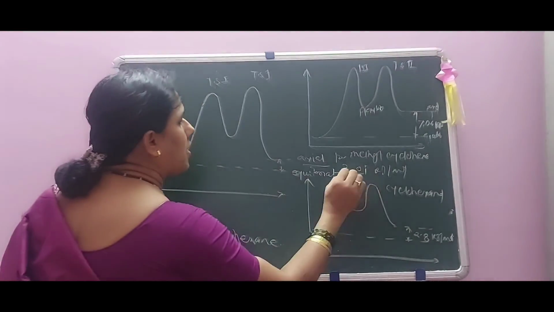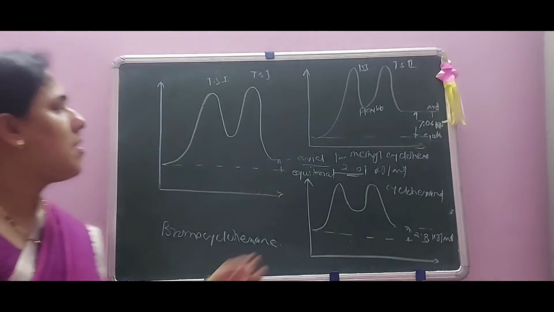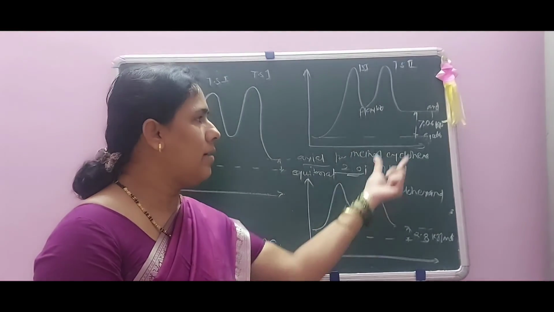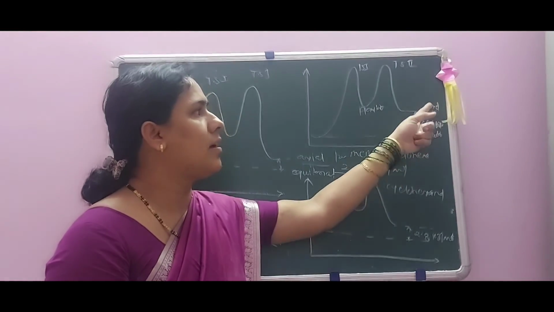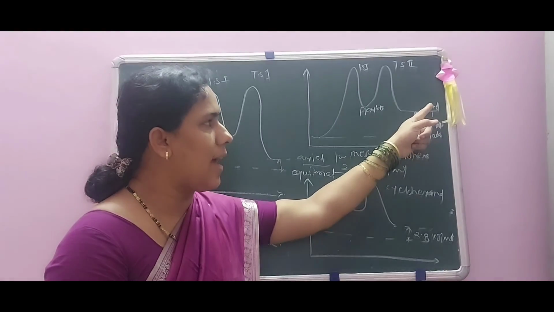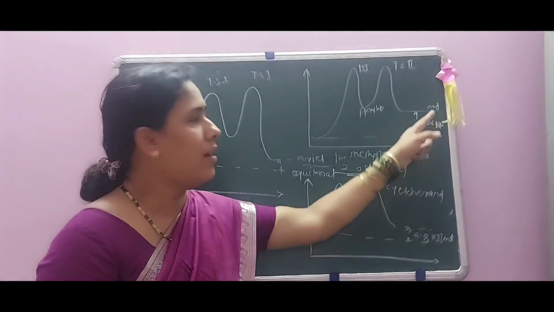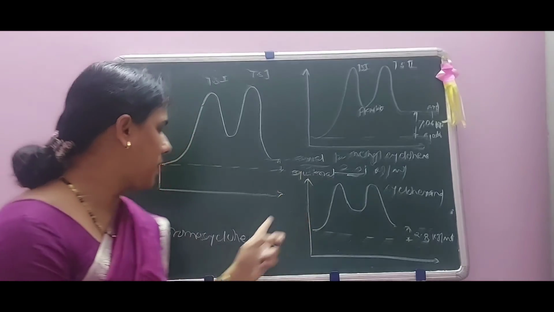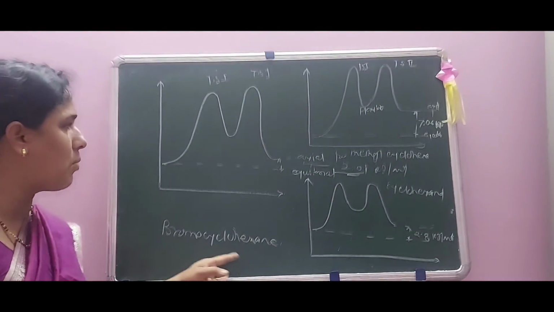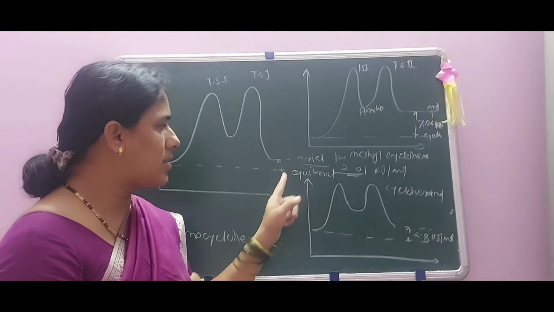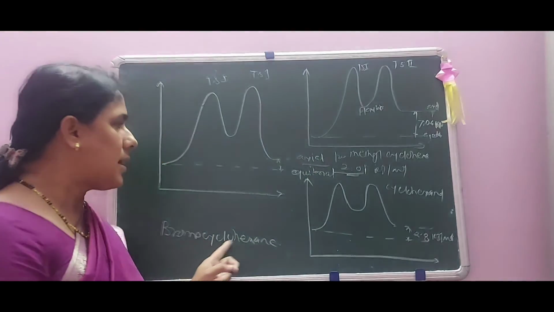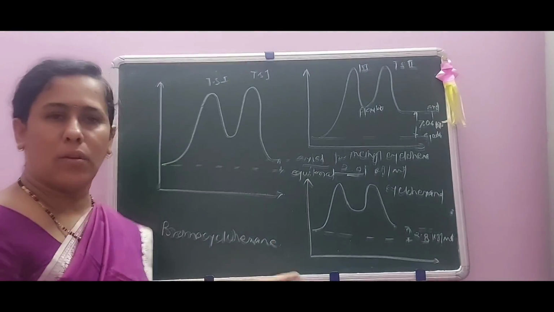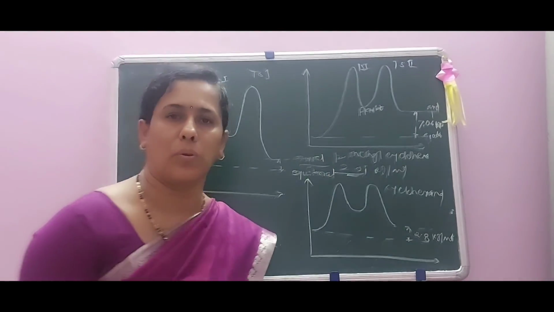That is 2.01. Thus, by simple mistake I have written chair and boat here, but they are the axial and equatorial forms of the respective cyclohexane. That is, axial bromocyclohexane, equatorial bromocyclohexane, and so on. Okay, thank you.